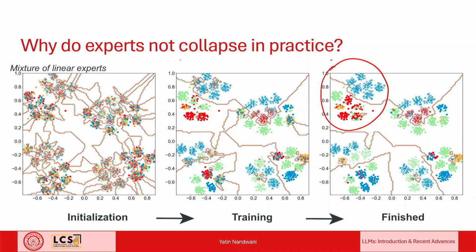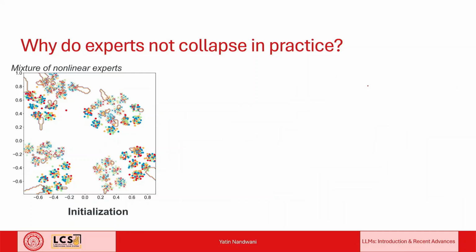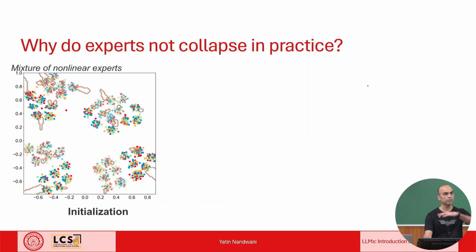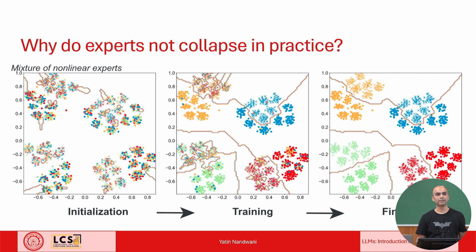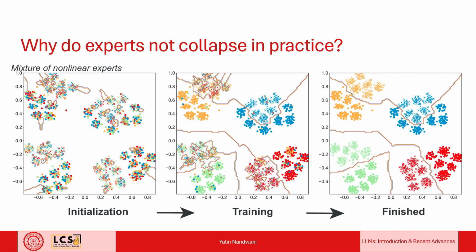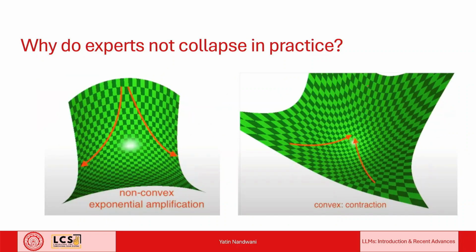On the other hand, when they changed their expert to a non-linear expert, they introduced some non-linearity on top of the linear layer. What they observe is very interesting, which is that there is a clear separation, right? The router has learned perfectly. Each data point is getting assigned to the right expert, right? So what is happening here? They prove theoretically as well that non-linearity here is essential.